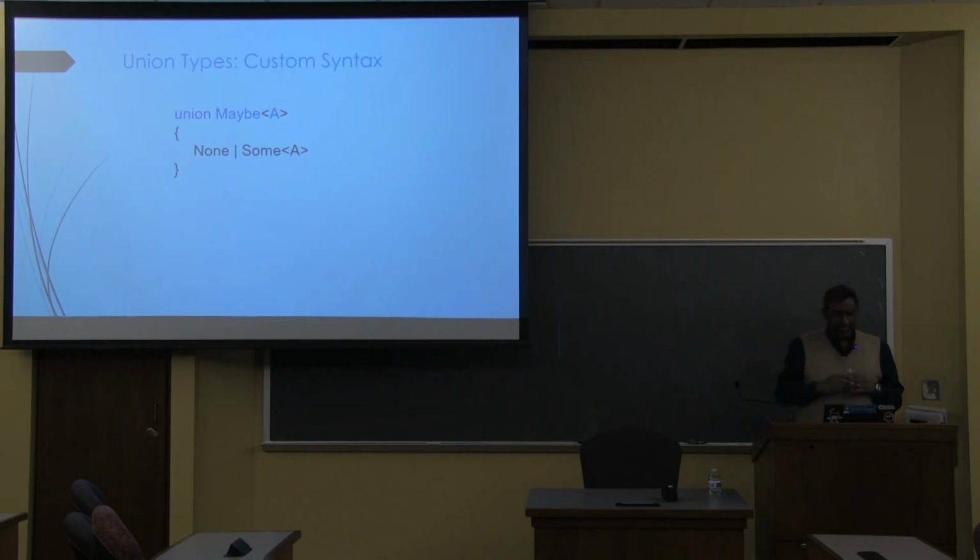It says union Maybe of A is either a None or a Some of A. Reads cleanly enough. Actually, terser than F#. And does not telegraph the fact that it actually is built using an abstract base class kind of thing that you would have to do with Scala. So I think we've met all goals at this point.